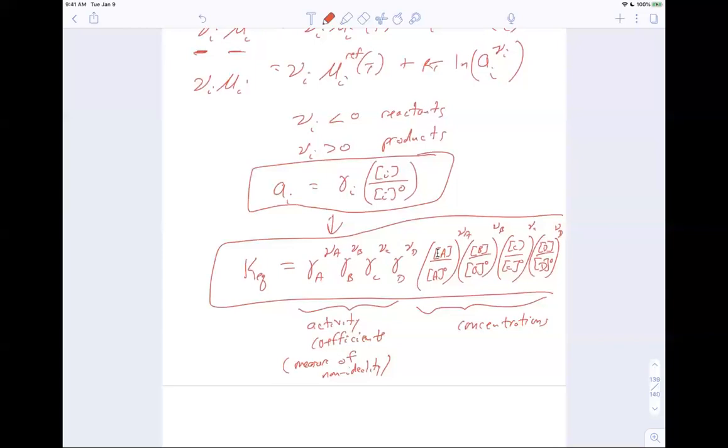up till now is that the gamma i's are 1. And so you're dealing with systems where you can treat the solution as ideal. That is what you've been dealing with so far, where systems are more or less dilute, and particularly biological systems, acid-base kinds of systems, ideality is not a bad approximation.